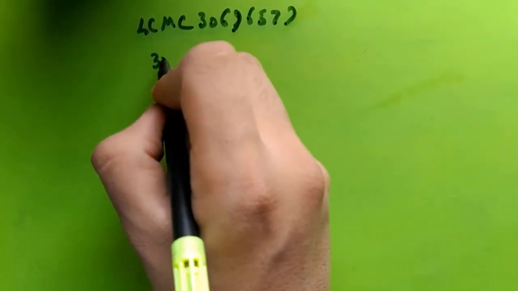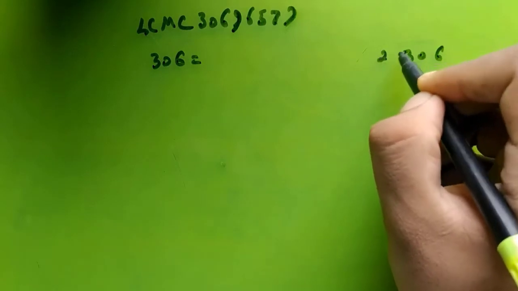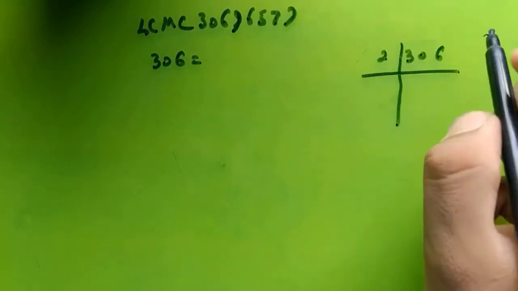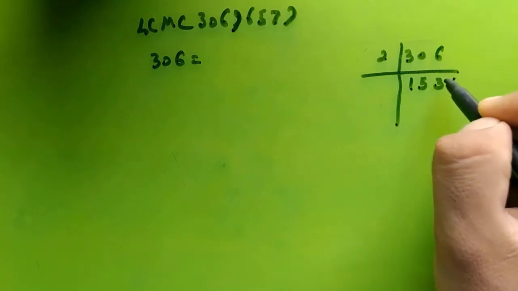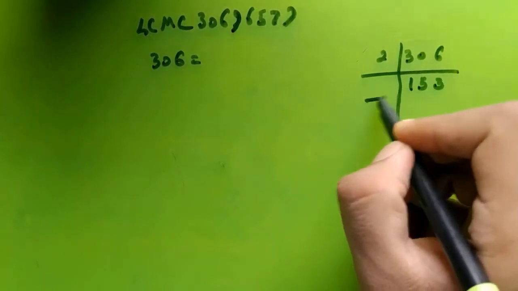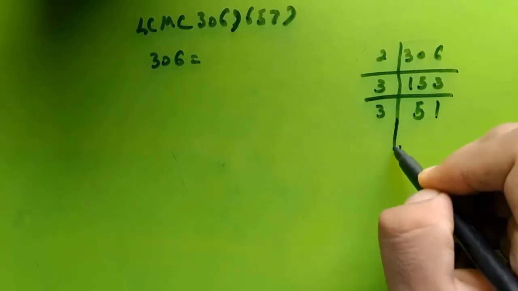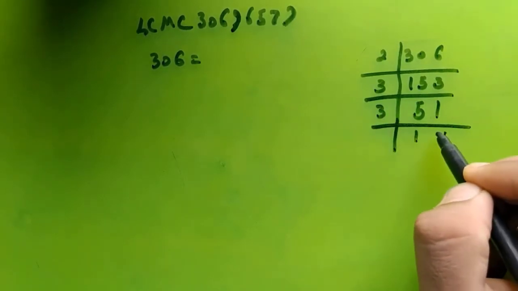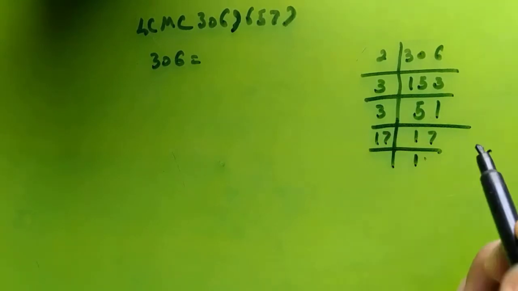Therefore we know that 306 divided by 2 is equal to 153, which can be divided by 3, which will be equal to 51, divided by 3, which will be equal to 17, upon 17 ones.